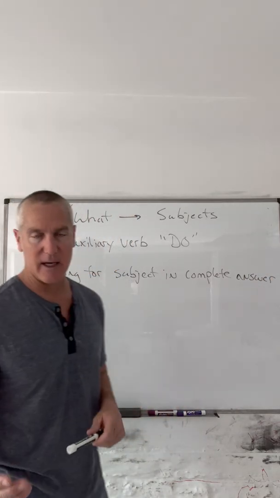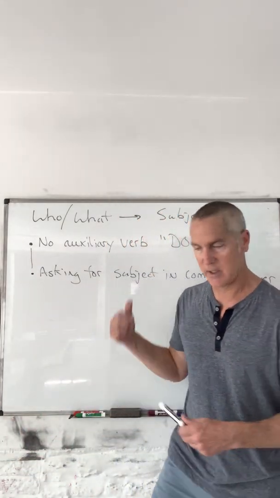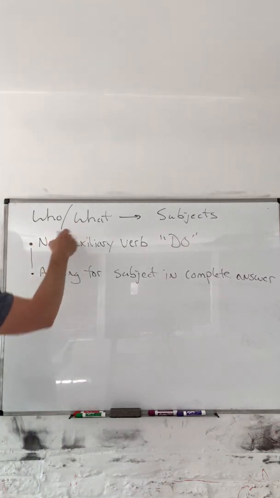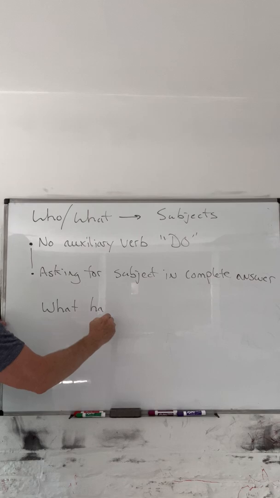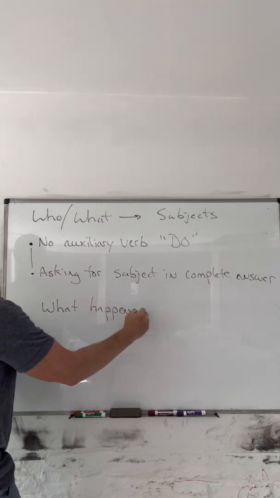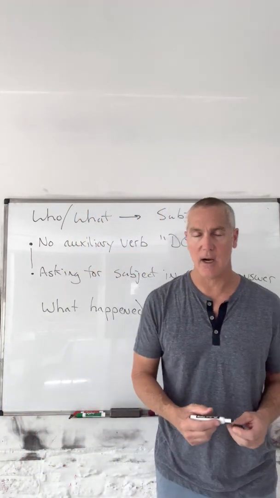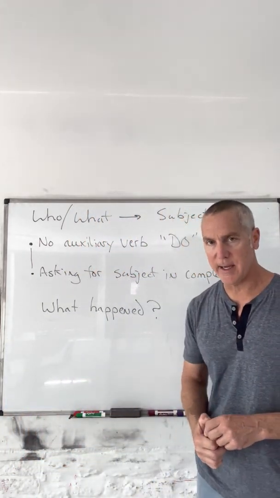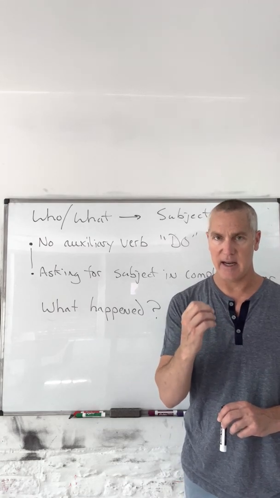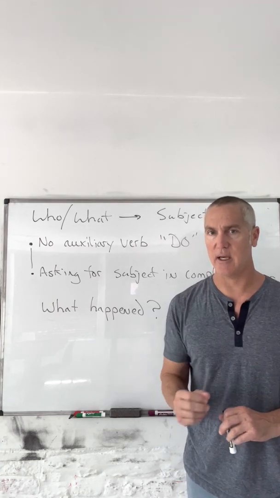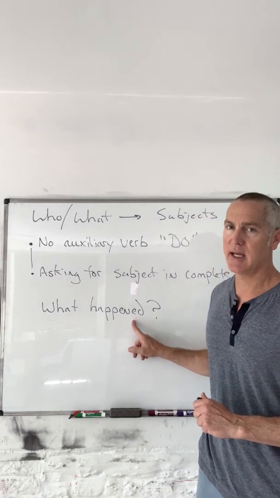For example, a really, really common question using this form would be something like this: What happened? That's a very, very common question. What happened? And you really need to have good pronunciation on the end of the verb right there. Happened, like this.